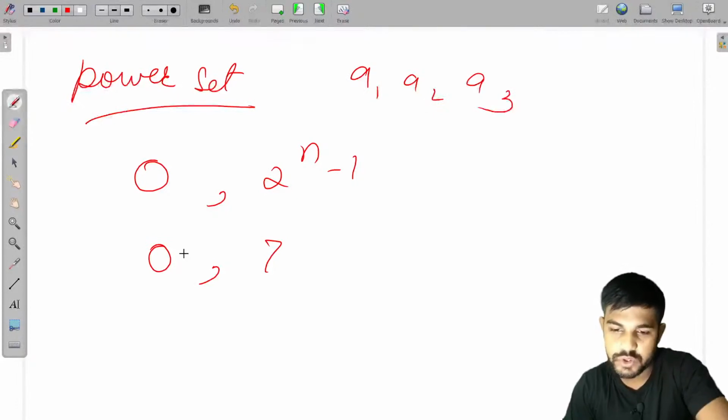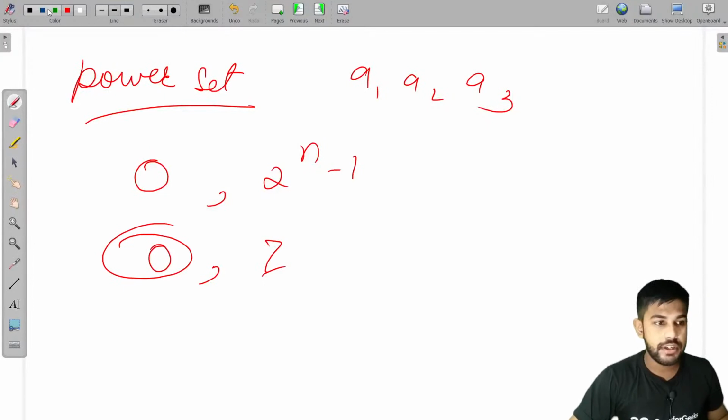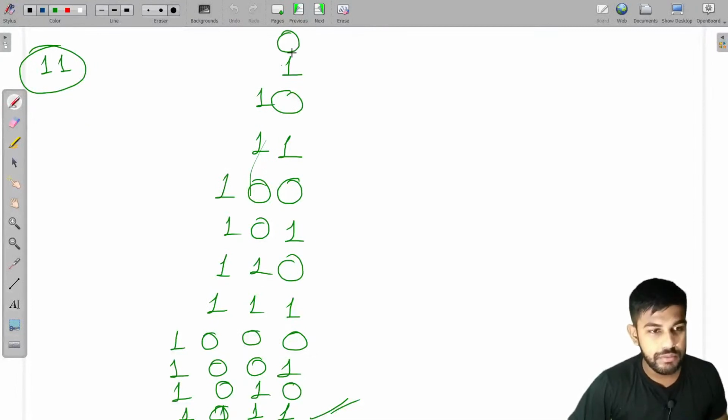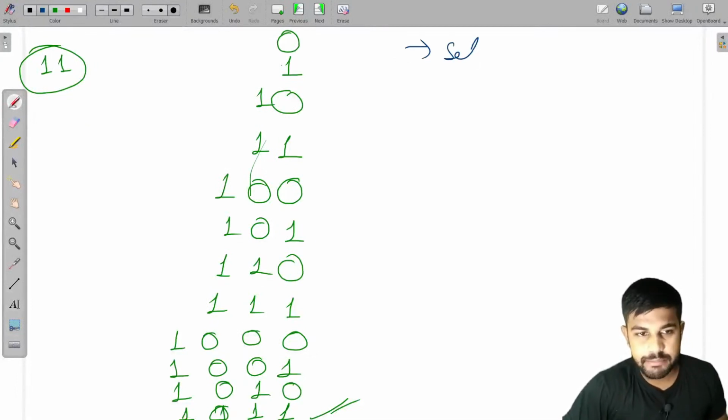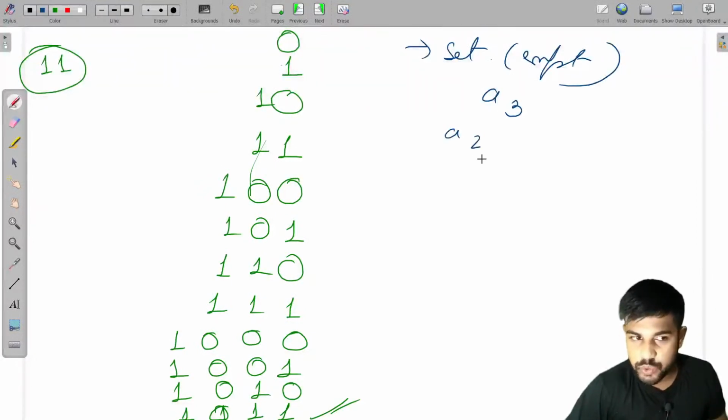Okay, good to go. So this is from 0 to 7 itself. Now how would we proceed? Just see this. This is 0, so we have an empty set. Here we have the last bit set, so we would just write A3, and we have the second bit set, so we would write A2, and then we have the last two bits, that is A2 comma A3.